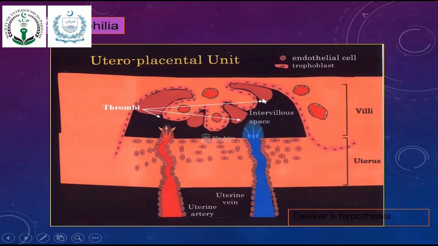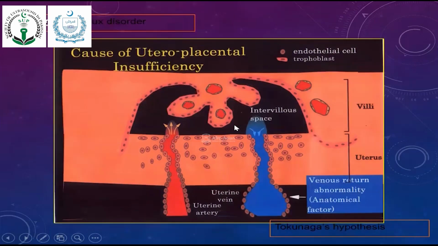If there is a thrombus between the villi, then again it will be disturbed. The venous return abnormality, anatomical factor, again this is a dilated vein. The blood is pooling out from the intervillous space in the uterine vein.